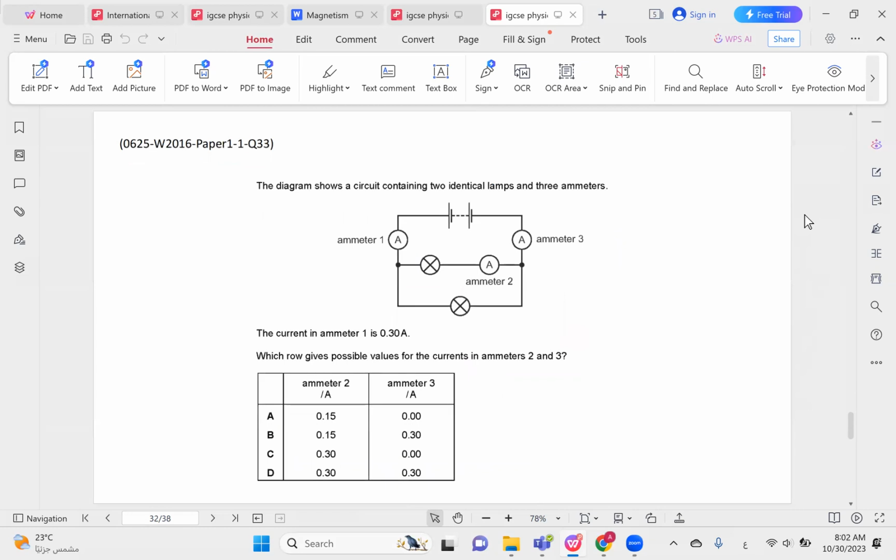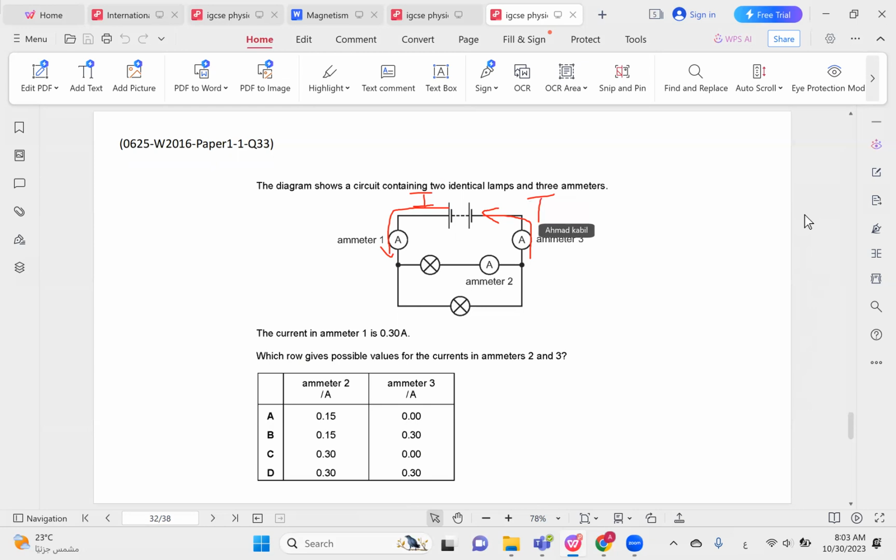The diagram shows a circuit containing 2 identical lamps and 3 ammeters. The current in ammeter 1 is 0.3 amperes. Which row gives possible values for the currents in ammeters 2 and 3? So again, just to make sure you understand this completely, this is the main current flowing out of the battery and flowing in again.